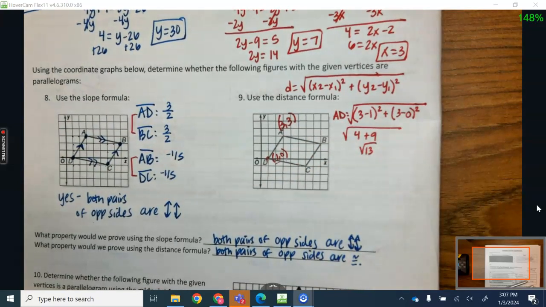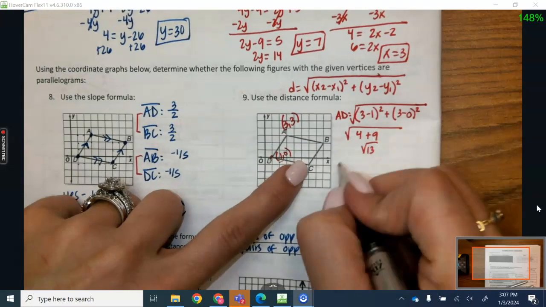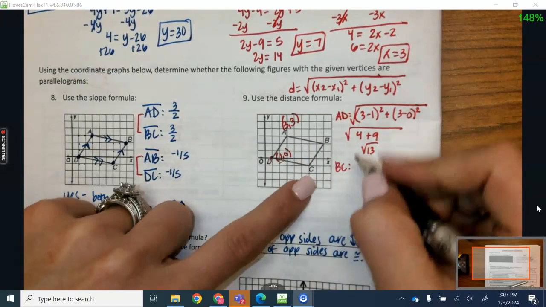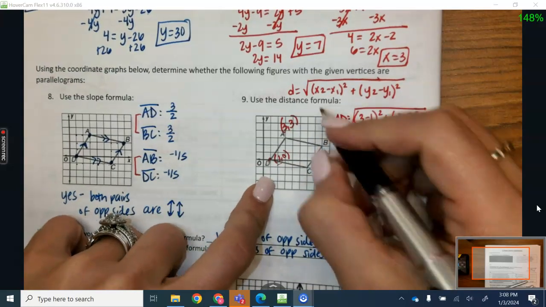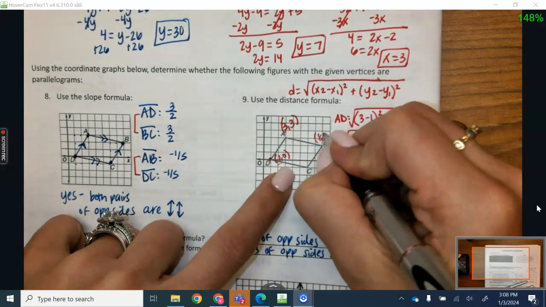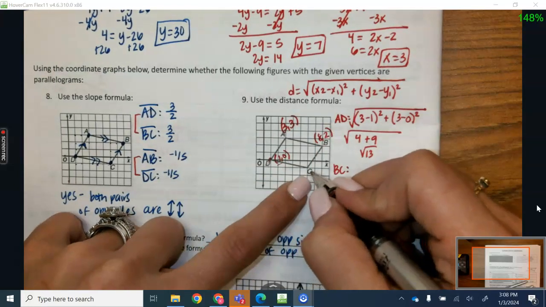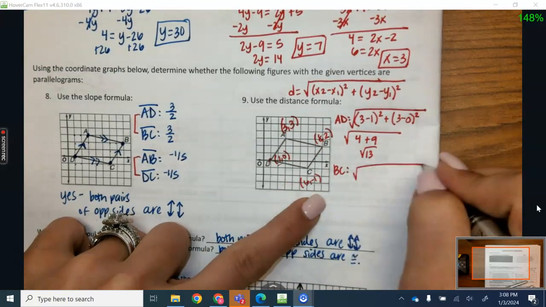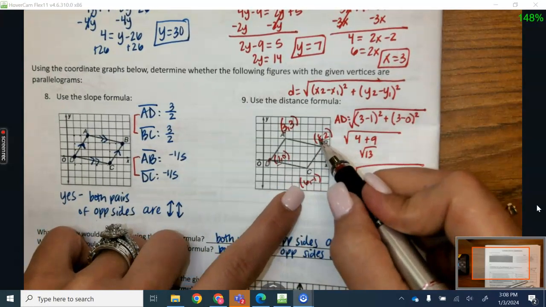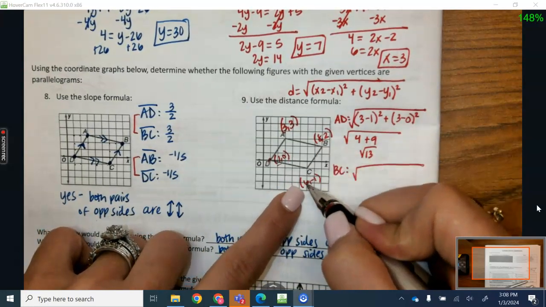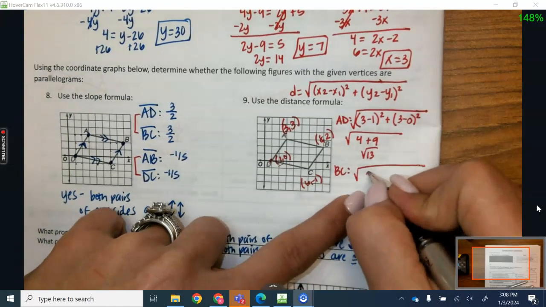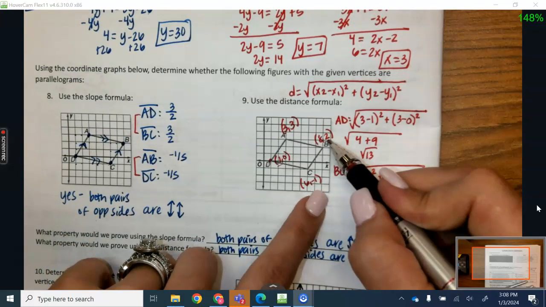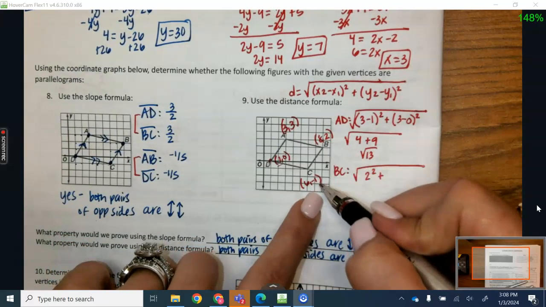Okay, so if I did the distance of BC, because that is the side that's opposite to it, B has a coordinate of 8, 2, and C has a coordinate of 6, negative 1. So same concept. x2, 8 minus x1, 6, that would be 2 squared, plus y2, 2, minus y1.